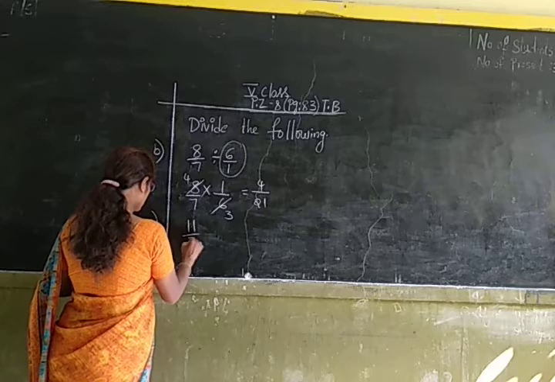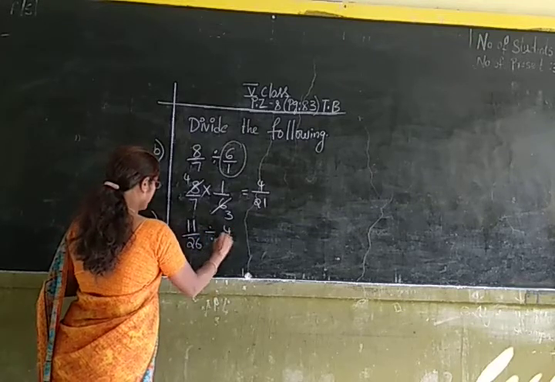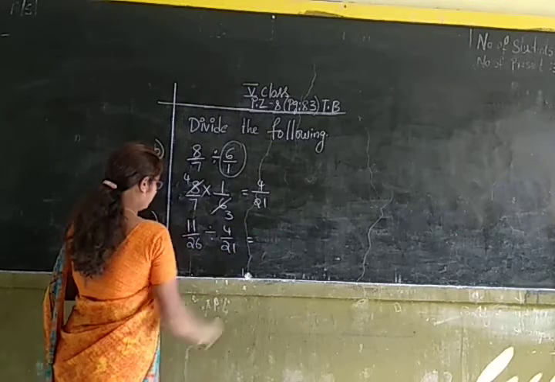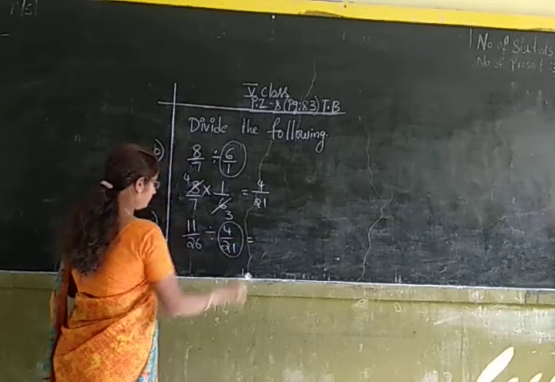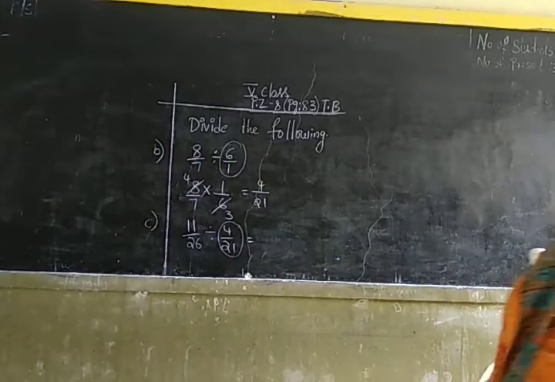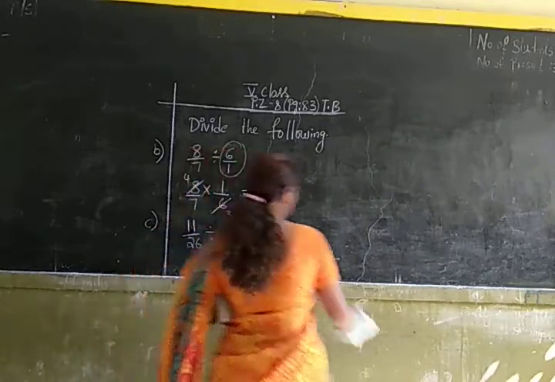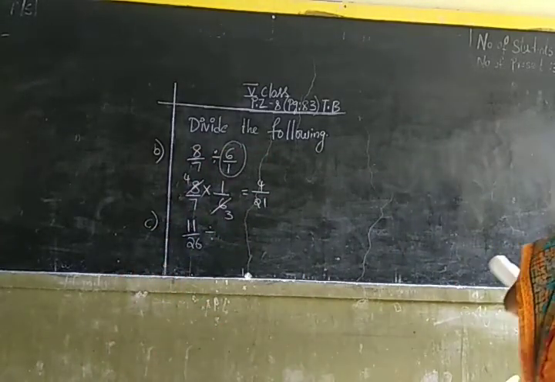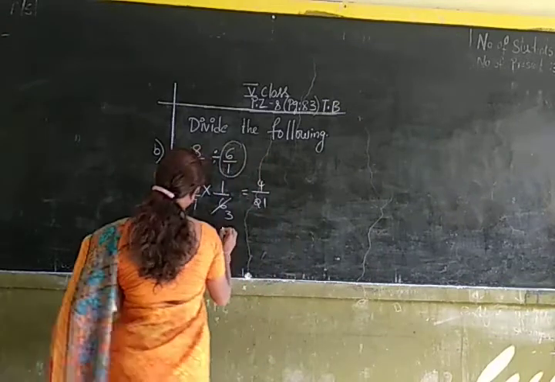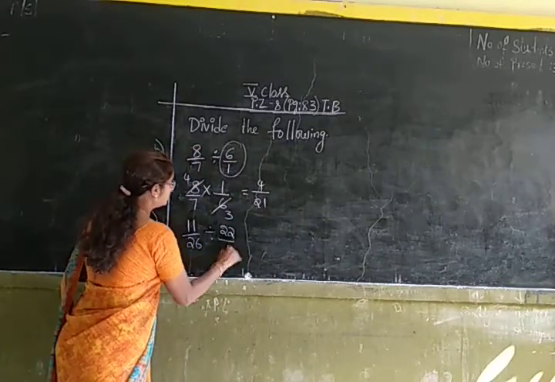11 by 26 divided by 4 by 21. Sorry children, I have written the sum wrongly. It is 11 by 26 divided by 22. Let us assume 1 here.